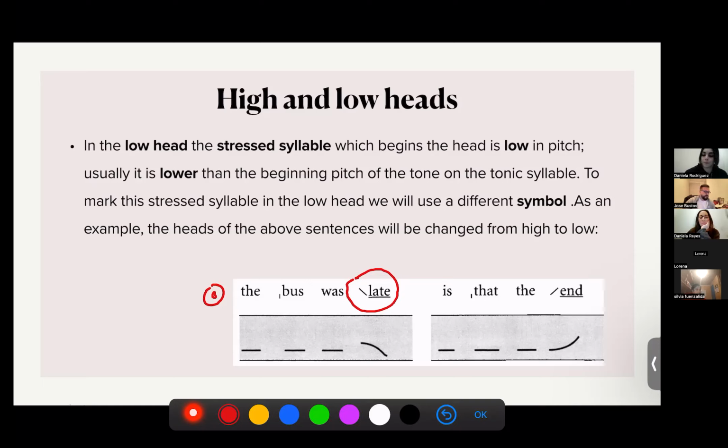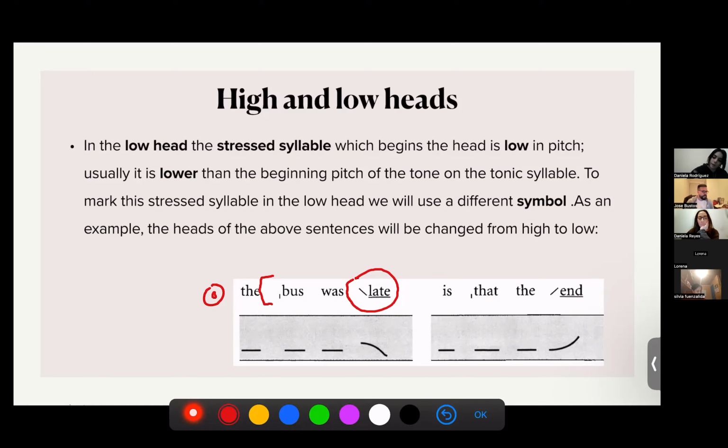Bus. Very good. So, Ms. Reyes, how will you pronounce example 1 based on that illustration? The bus was late. Very good.